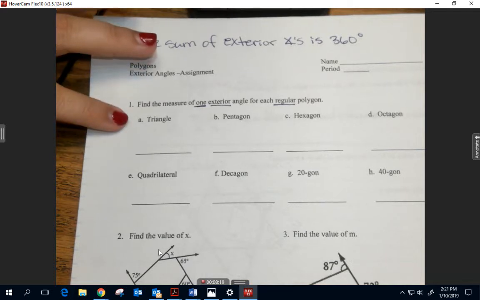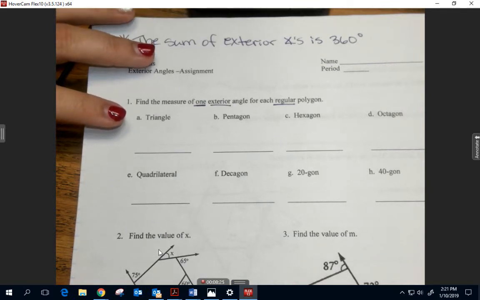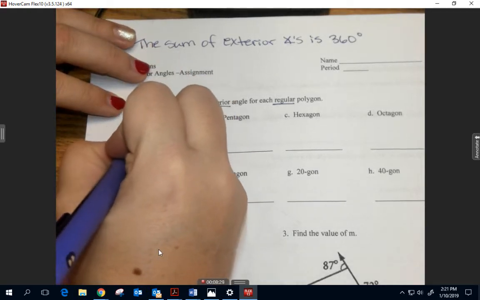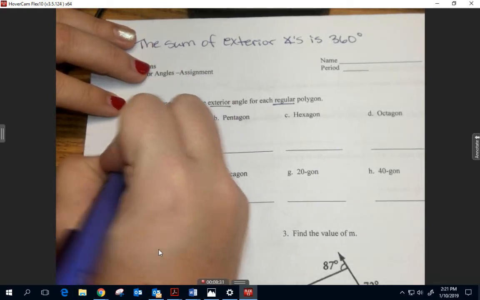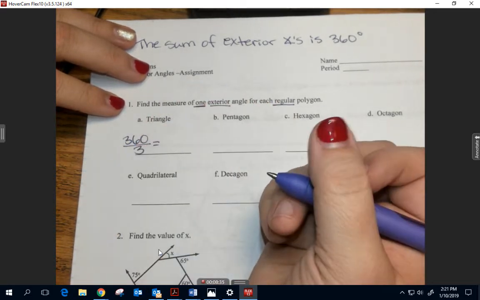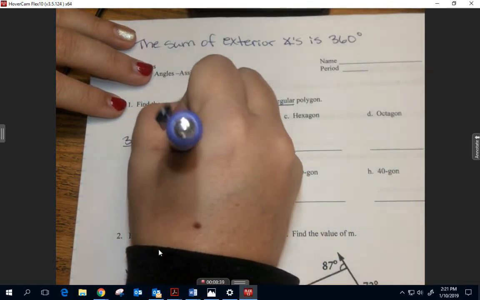So if we look at the triangle, how am I going to just find one exterior angle of the triangle? Take 360 and divide it by 3. Very good. And y'all have a calculator. What would that give me? 120 degrees.